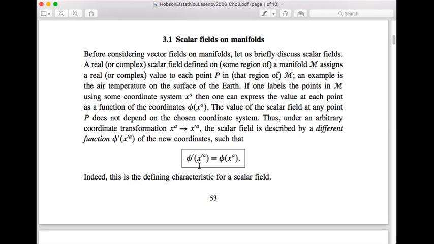So if we move to a different set of coordinates, which we're going to represent with an x prime, a would be an index, remember, that takes on two values to give us an x prime 1 and x prime 2, because it's a two-dimensional surface, it's the sphere. And we need a different function, phi prime, of those new coordinates to give us the same temperature at the same point.